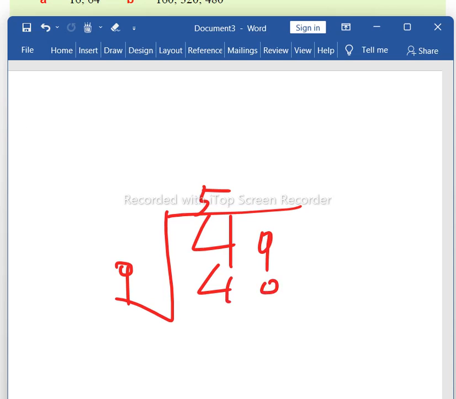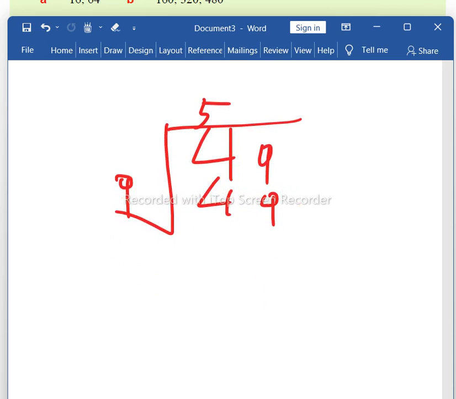When we subtract 45 from 49 we get 4, which is not divisible by 9, so we put a dot in the quotient and add a 0. 40 by 9: 4 times 9 is 36.